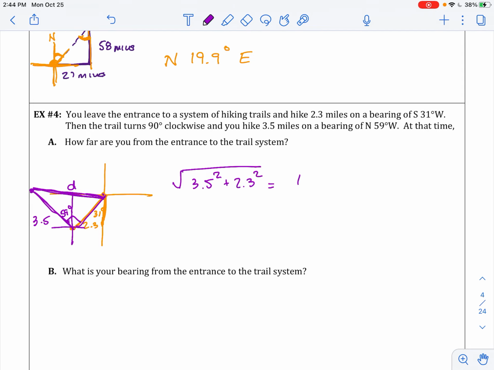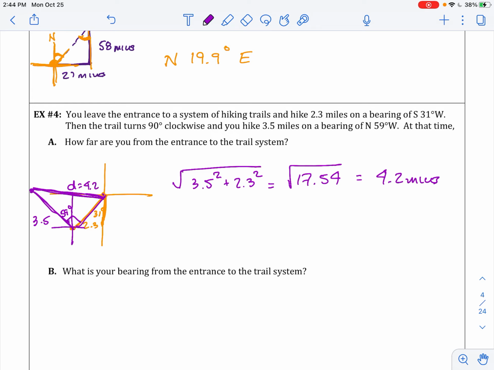And if you did that out, that would be 17.54. Okay, I'm sorry, the square root of that. I was going to say that's too big. Yeah, so about 4.2 miles, we're going to say. So now I have all of these distances.